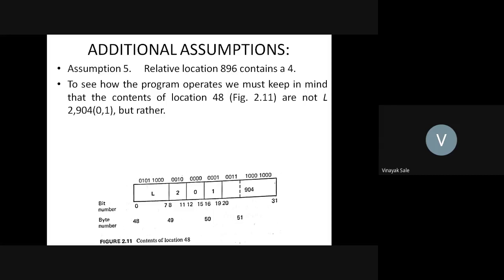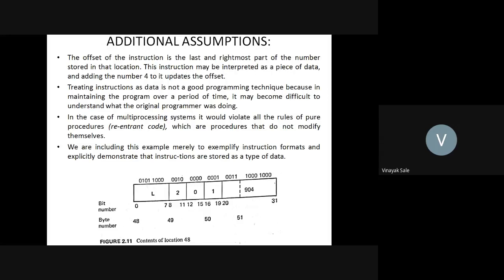The offset in the instruction is the last and rightmost part of the number. This is the offset. It is the last and rightmost part of the instruction. So this instruction may be interpreted as a piece of data. So by adding the number 4, it updates the offset.